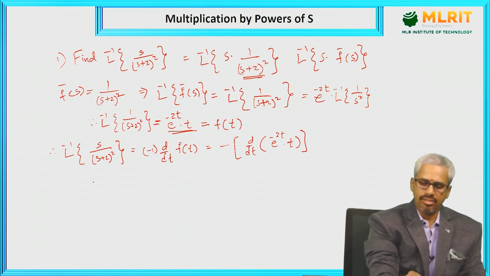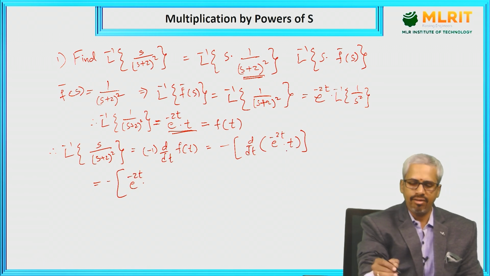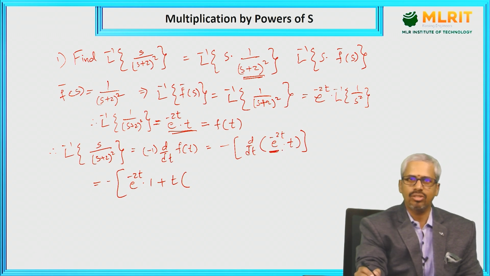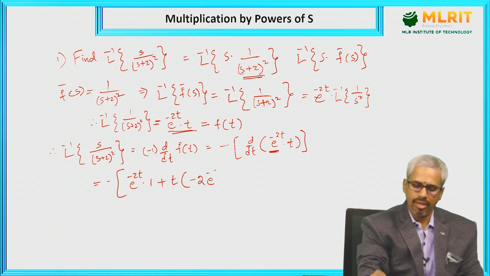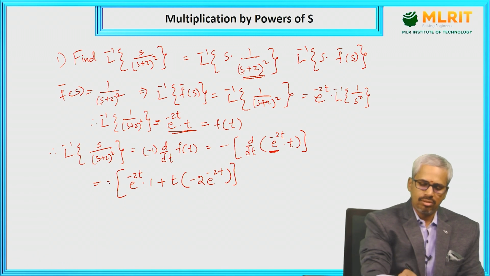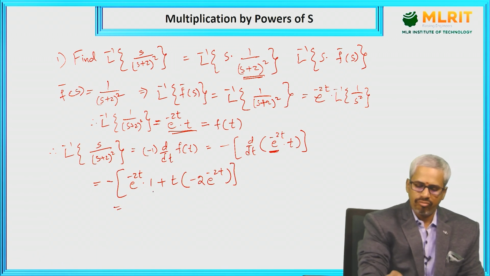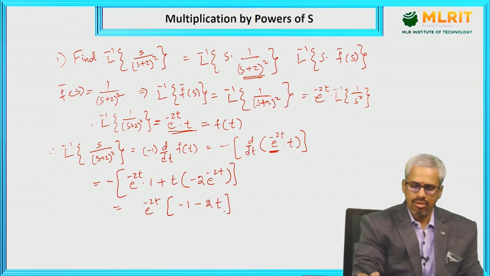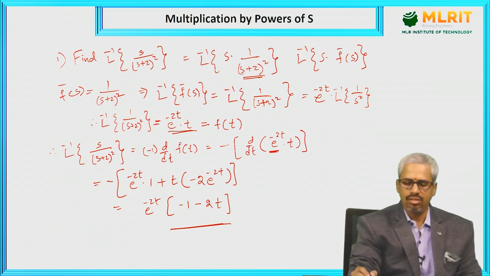So this can be written as e power minus 2t into t derivative 1 plus t into, what is the derivative of e power minus 2t? Minus 2 e power minus 2t, right? So if I take e power minus 2t common, then 1 minus 2t. This is the L inverse of s by s plus 2 whole square.